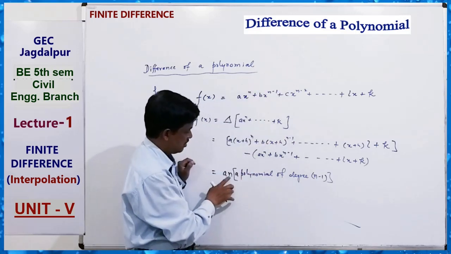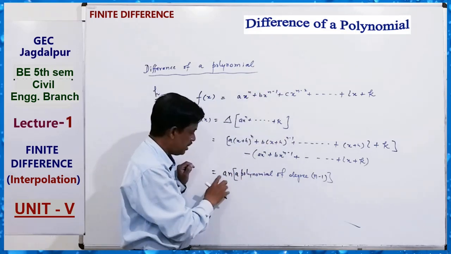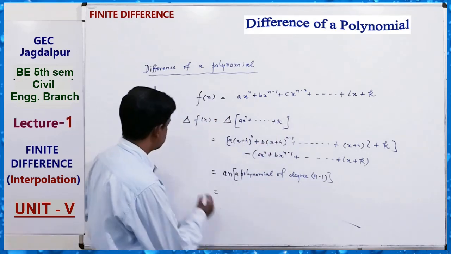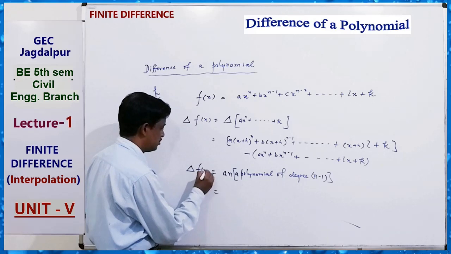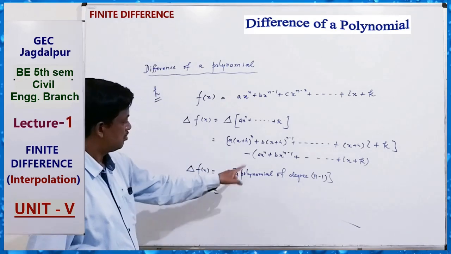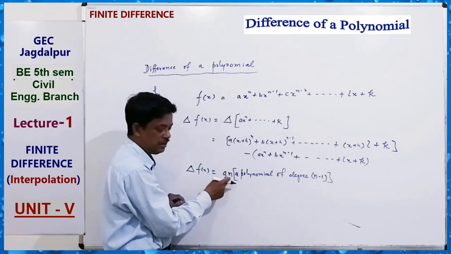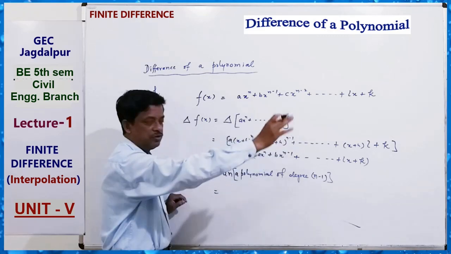So n will be common. So a n and a polynomial of degree n minus 1, one degree less. First difference. First difference of polynomial: a into n, first term a, and then n and a polynomial.